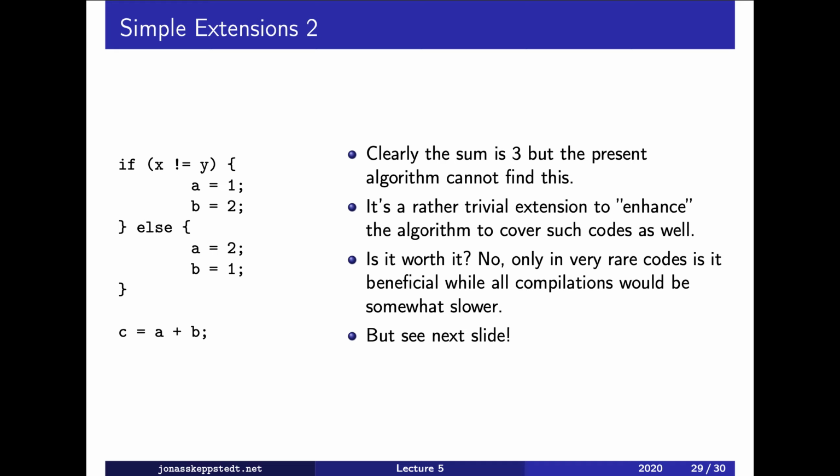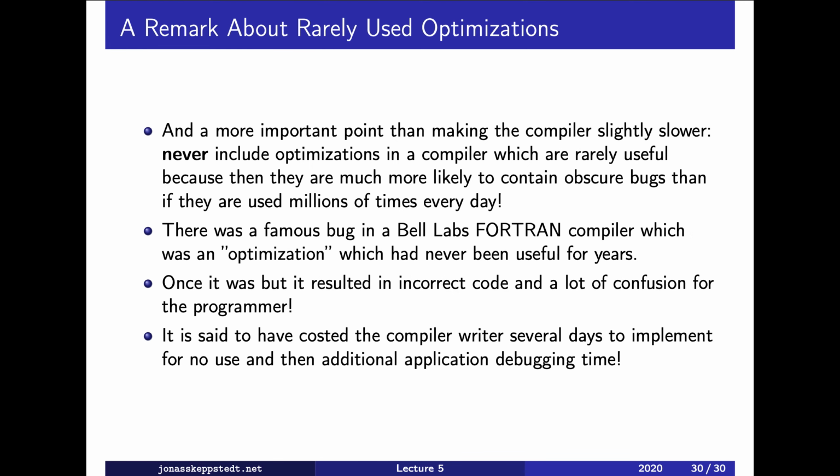For two reasons. First, it takes time to execute. And second, it can include bugs. And there is a somewhat famous example of that. There was an optimization which was almost never applied in the Bell Labs Fortran compiler.